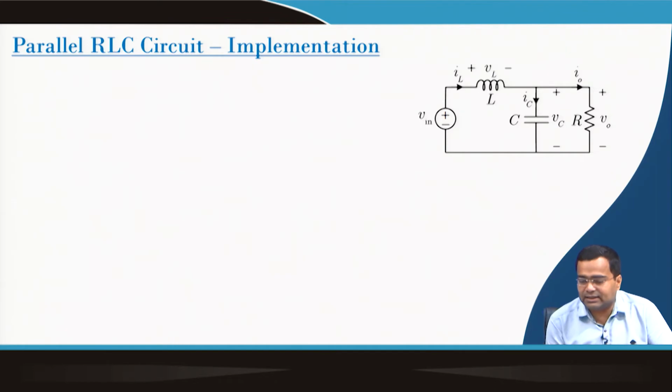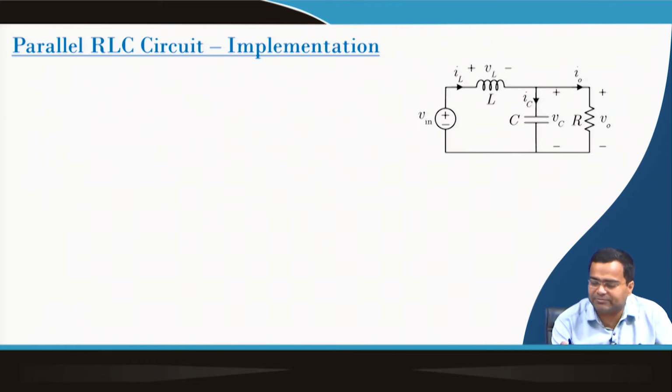But unlike the series circuit, the currents passing through the resistance and capacitance are different from the series current IL. That is why we have defined individual currents: IL is the current going through the inductor, IC is the current going through the capacitor, and I0 is the current going through the load resistance.